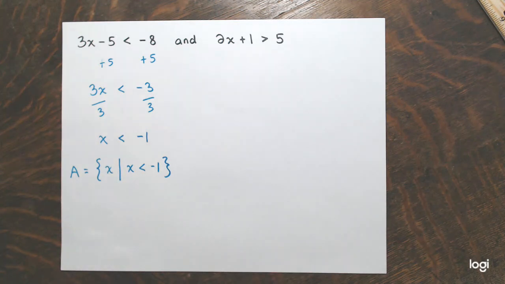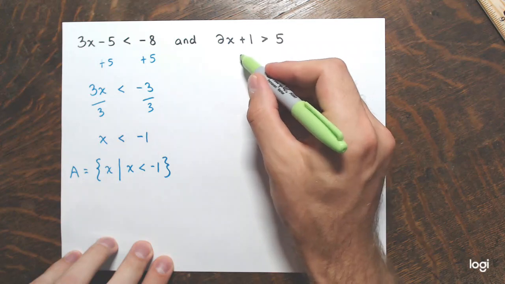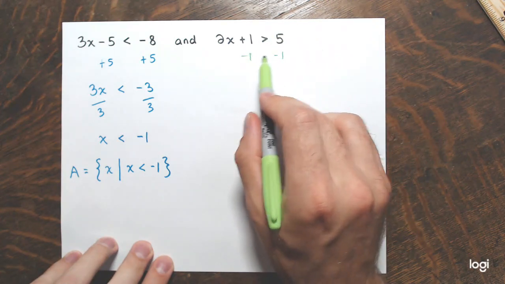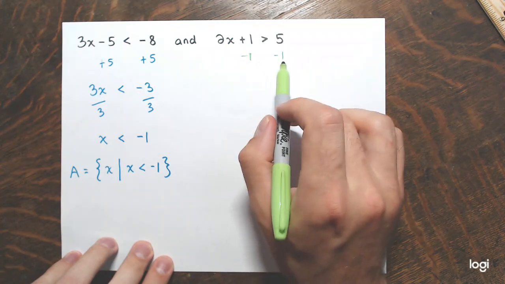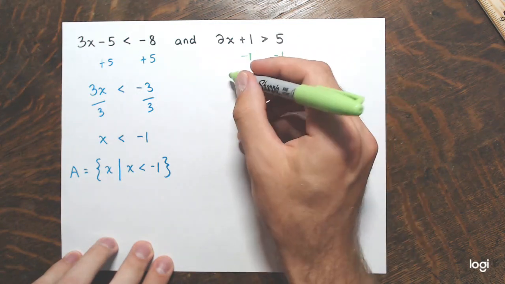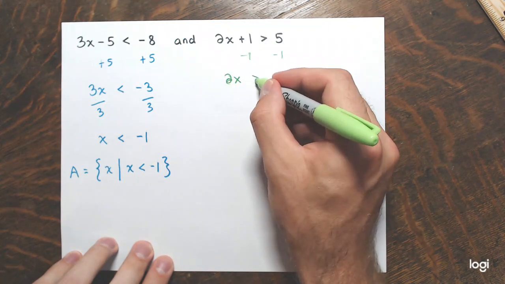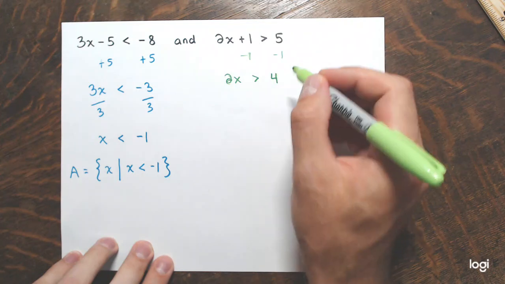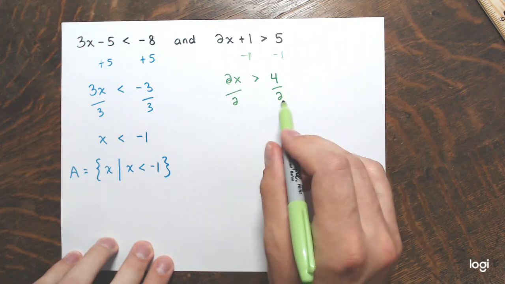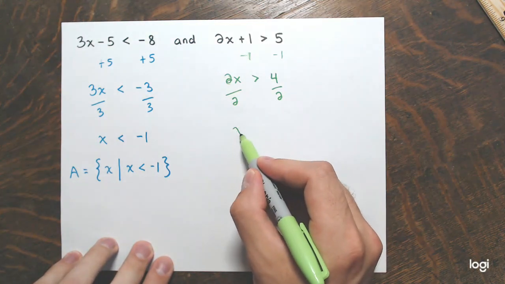I'll do the same for the second one: 2x plus 1 is greater than 5. I would first subtract 1 from both sides. That's just subtraction, not multiplication or division by a negative. With addition or subtraction, the inequality symbol will not change direction. So this is still 2x is greater than 5 minus 1, which is 4. Then I would divide by positive 2 on both sides, and again, since it's a positive number, the inequality symbol will not change direction.